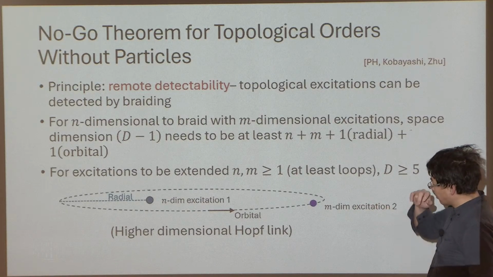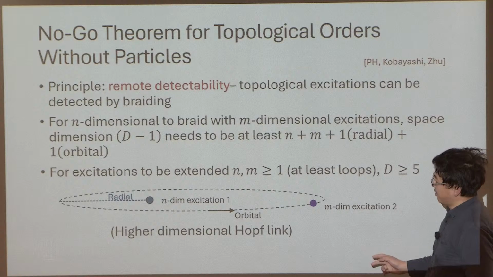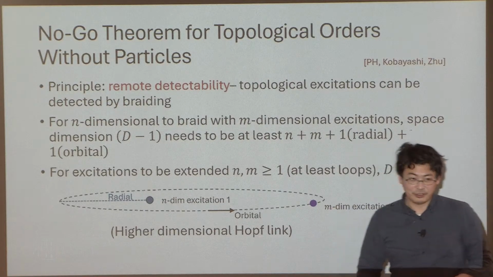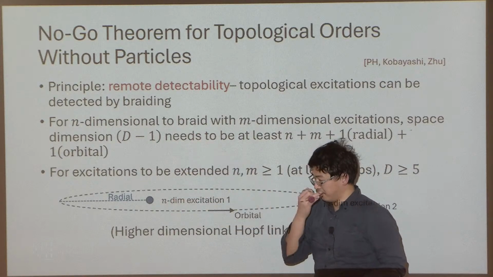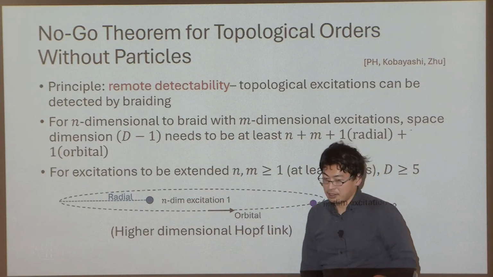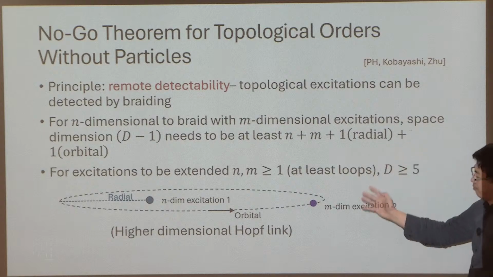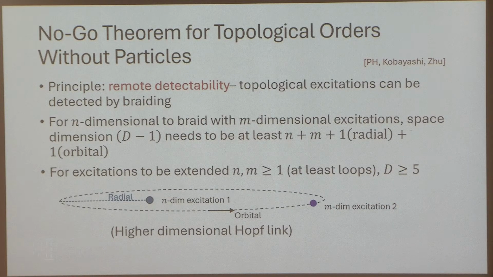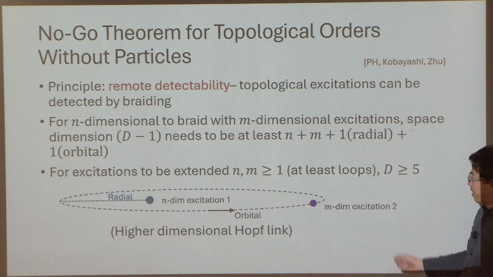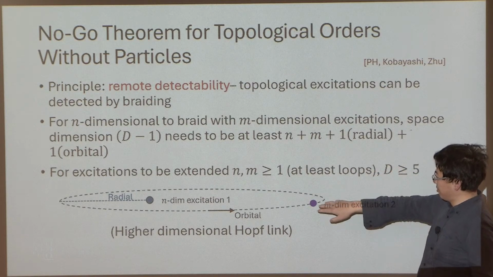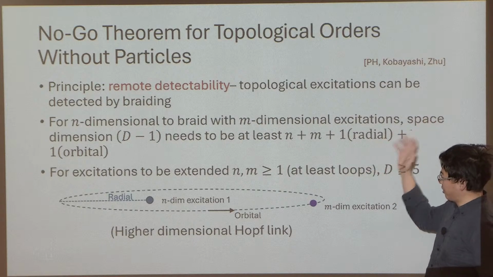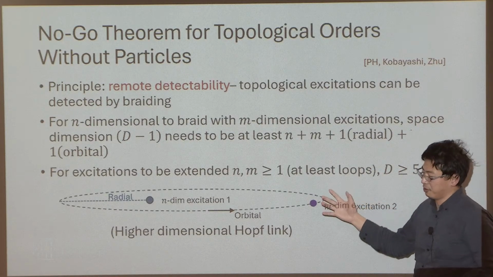Imagine they extend in one additional direction. And this one also extends in some additional direction. So what you do is fix the coordinates: this excitation is extended in some other direction, and it has a fixed coordinate in the other direction.